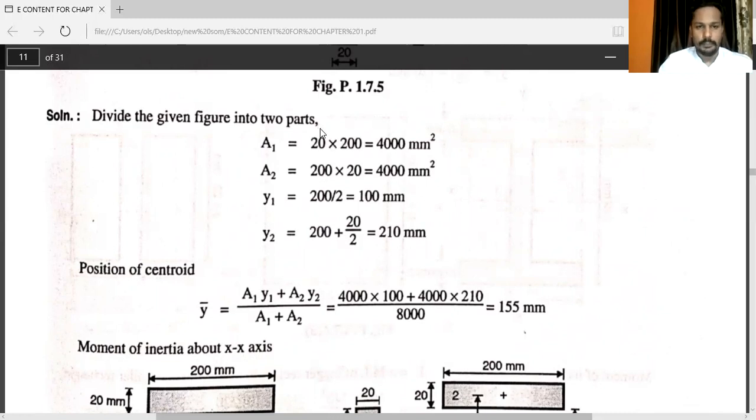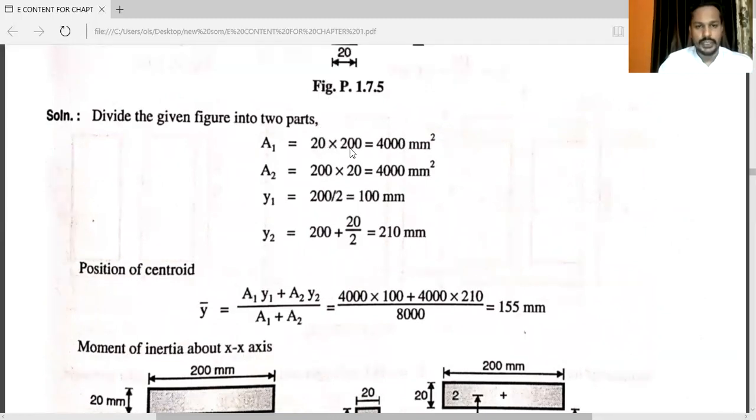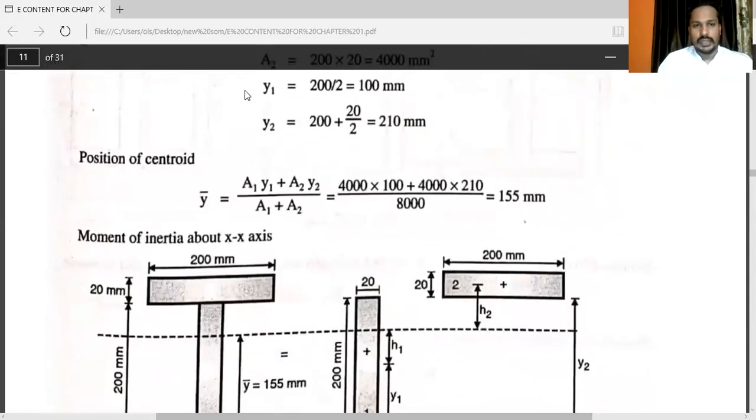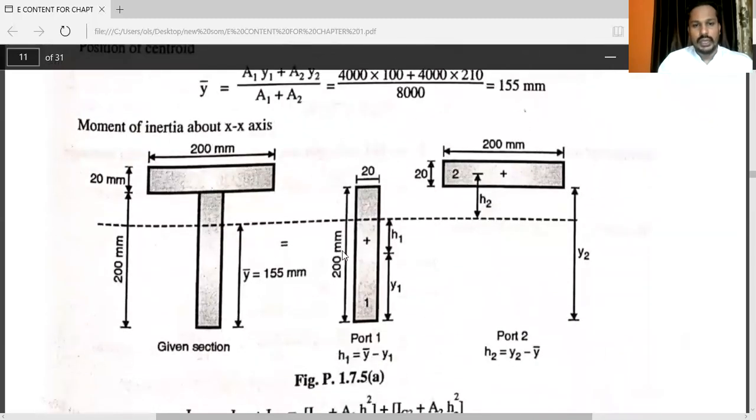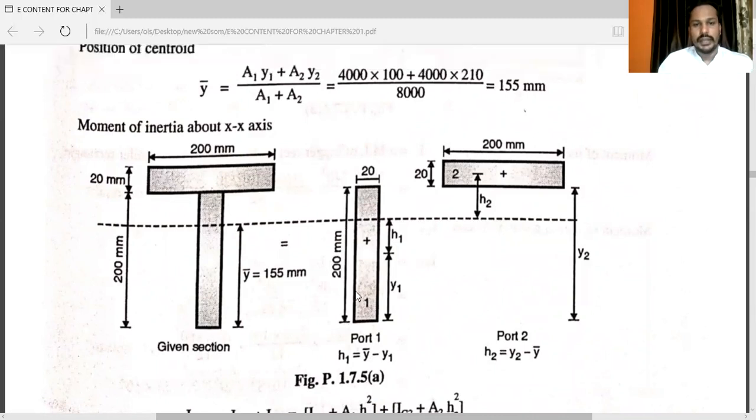The formula for a rectangle B into D is base into depth. So the answer will be 20 into 200 is equal to 4000 mm square. A2 is equal to 200 into 20, 4000 mm square. So according to the formulas, y1 will be total height, or you can say total depth, divided by 2.